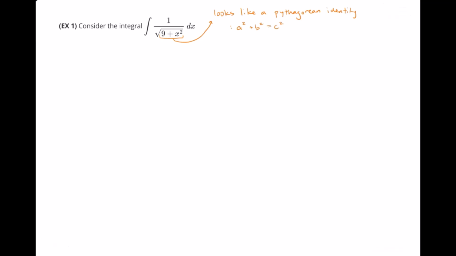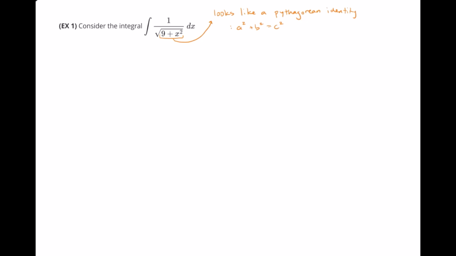This part right here, this 9 plus x squared, this looks like a Pythagorean identity. What I mean by that is the Pythagorean identity, of course, is a squared plus b squared equals c squared. And so you have the sum of two squares, or if you rewrote this, you could have b squared equals c squared minus a squared, so the difference of squares could work as well.